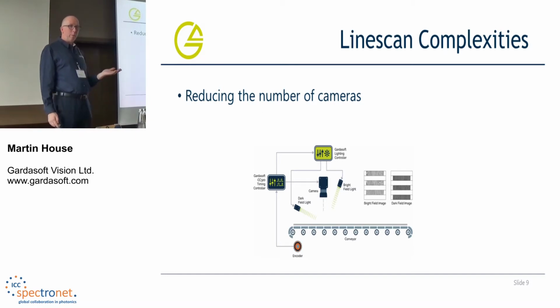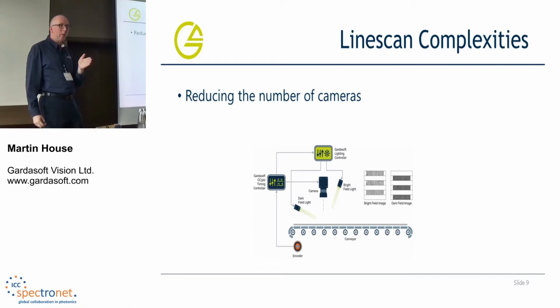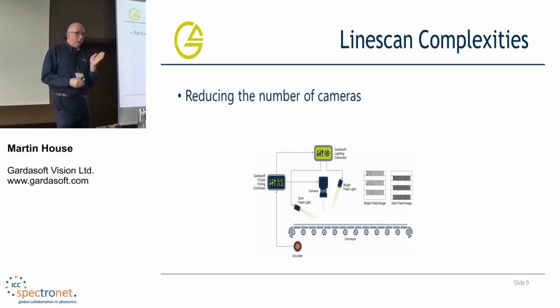And with the technology of fast pulsing and synchronization, you can make sure that you're pulsing your lights exactly with the frame rate of your line scan camera. So when your light is on, it's on precisely for the time that you need to expose that line. And when it's off, it really is off, and the next light's coming on. So there's no crosstalk. You're getting very clear, distinct illumination between the lines. And then in software, you simply extract the two lighting schemes, and you have two images for the price of one setup.